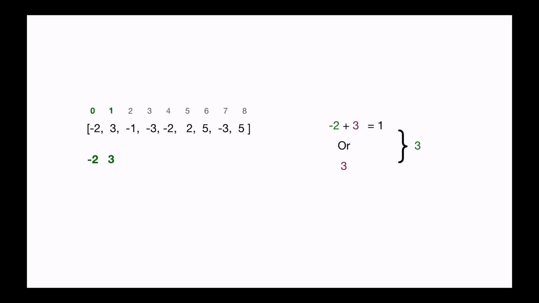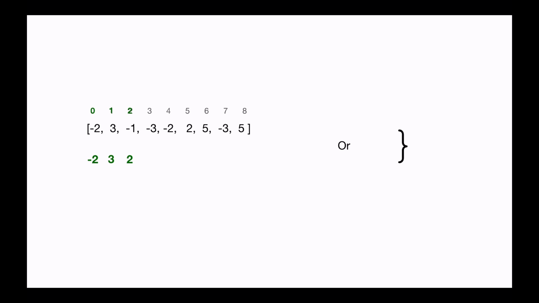Now see at minus 1, that is at index 2. Here the sum is either the max sum at the previous index, which is 3, plus the current value, or it can be the current value. So you can see the max one is 2. Now the max sum ending at index 2 is 2.